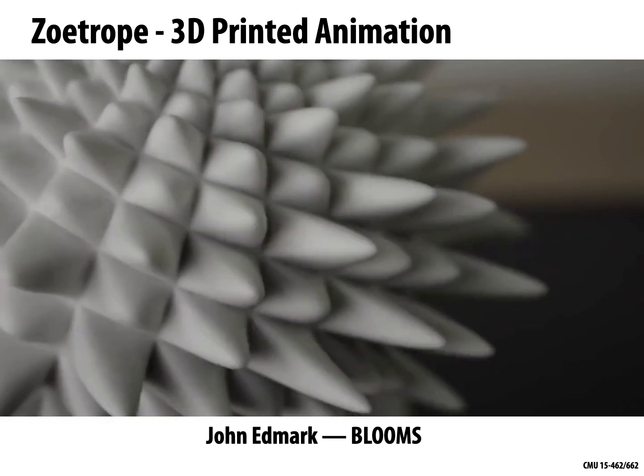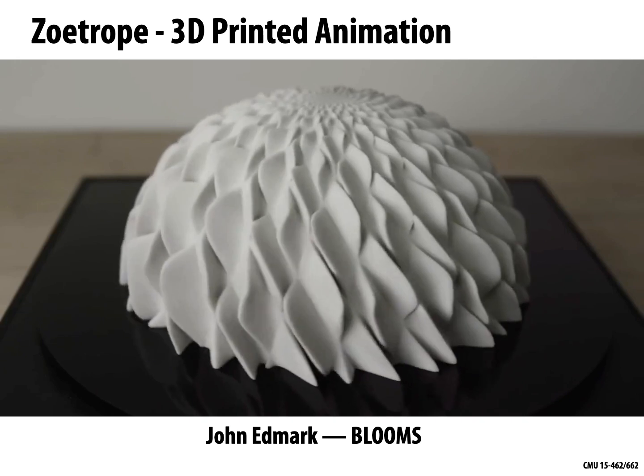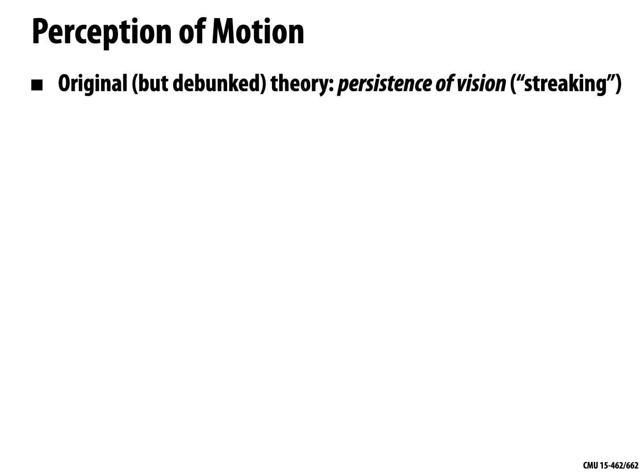One thing that's really important to understand, as with many things in computer graphics, is the human perceptual things that lead us to understand motion. Right? So how do human beings experience motion? Well, one of the earliest theories, which has subsequently been debunked, is the idea that perception of motion comes from persistence of vision.